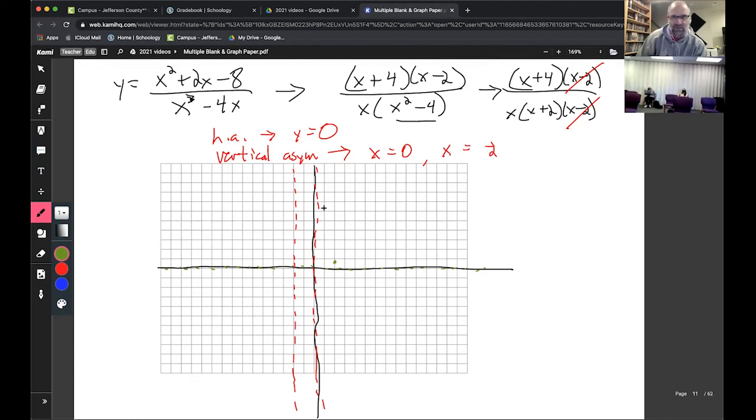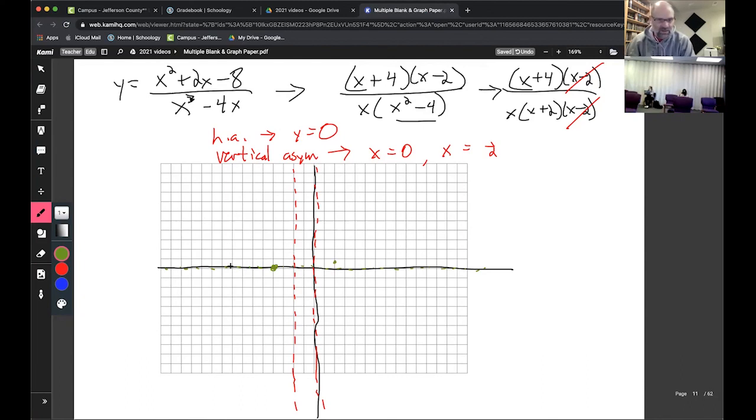Okay, so we're just trying to figure out where y equals 0. So the x-intercept would be -4. At -4, this is where it's going to touch the x-axis. It's not going to touch it over here because that's where it gets us into trouble. Okay, so there's a point. We also had another point there.